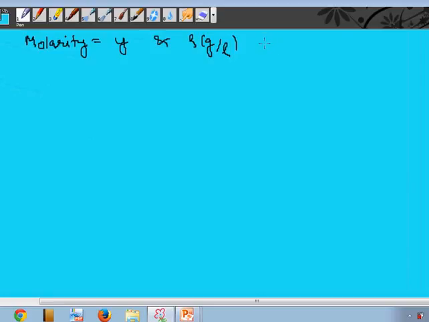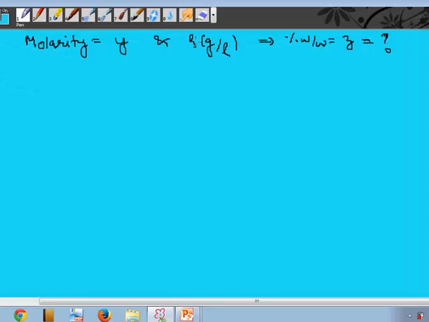And from this data, what you have to calculate is percentage mass by mass. Let's call it Z. So percentage mass by mass is what we have to calculate.